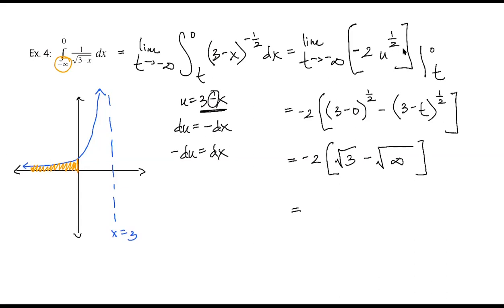And so I can distribute this: negative 2 root 3 plus 2 root infinity. But at the end, this 2 root infinity is going to overpower that negative 2 root 3 part. And so we're going to end up with a situation where that improper integral diverges.